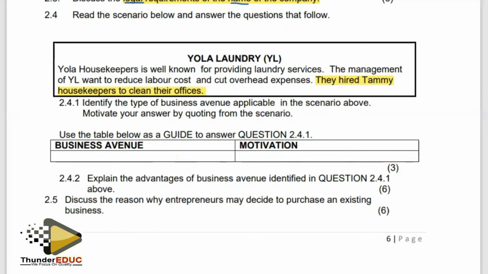We are looking at a situation of a company doing its own business, but again it is hiring another company. The type of business venture talked about here is called outsourcing. It's called outsourcing.